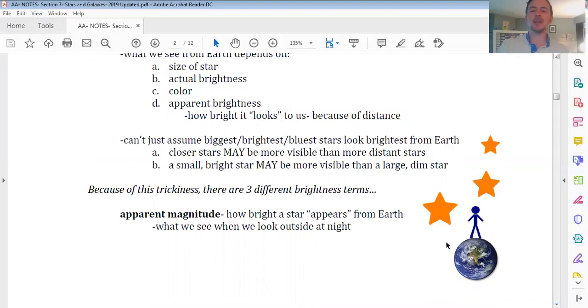If you check out this simple little diagram I've made here, you can see the stars that are closer to our dude or dudette on the Earth appear very, very bright, but the ones that are more distant and far away appear much, much dimmer. This is what we see when we go outside at night, or when we are back in the Neil Armstrong Planetarium, when I bring down the lights and put up the stars. What we're seeing on the dome is apparent magnitude.